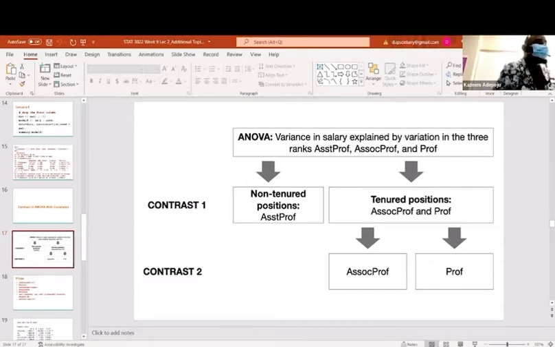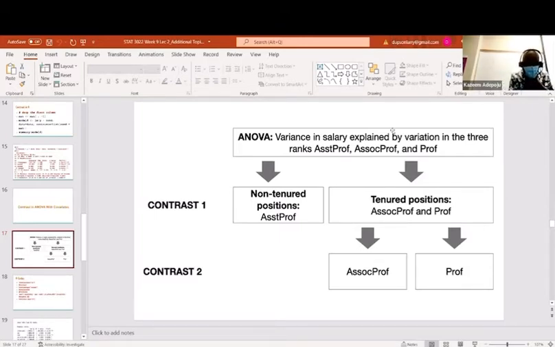What if, before I go into the research, I actually want to test: is there a significant difference in the salaries of a non-tenure track and a tenure track? When I say non-tenure track, I'm referring to assistant professor. But when I say tenure track, I'm basically referring to 2 levels. What are the levels that I'm referring to? I'm referring to associate professor and professor.